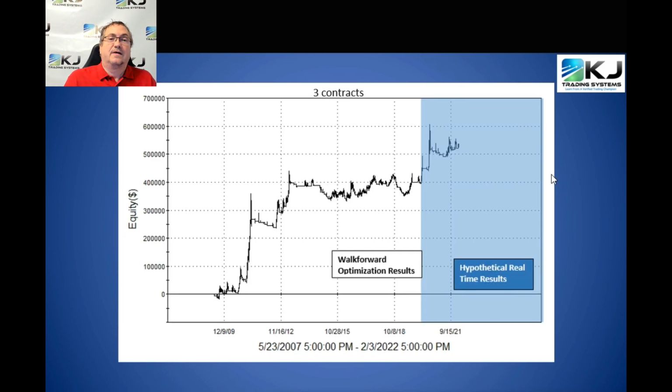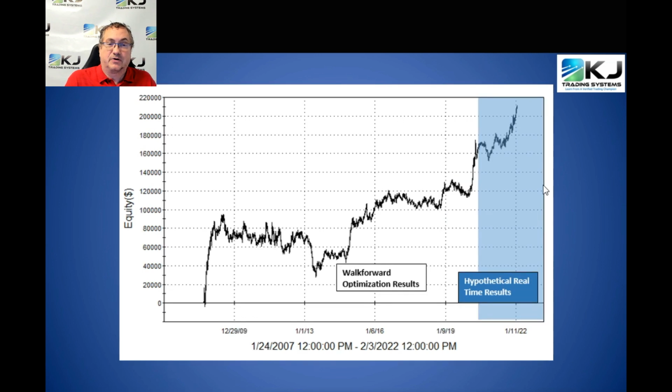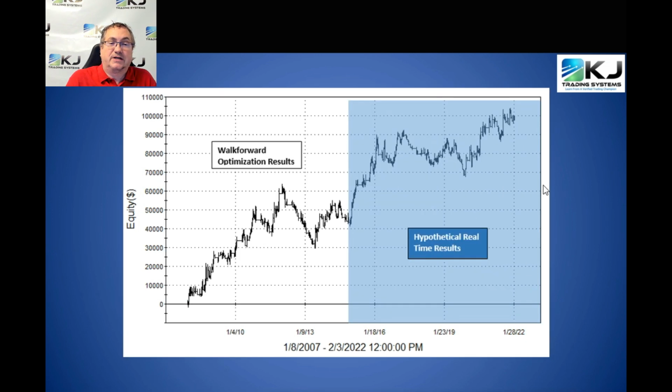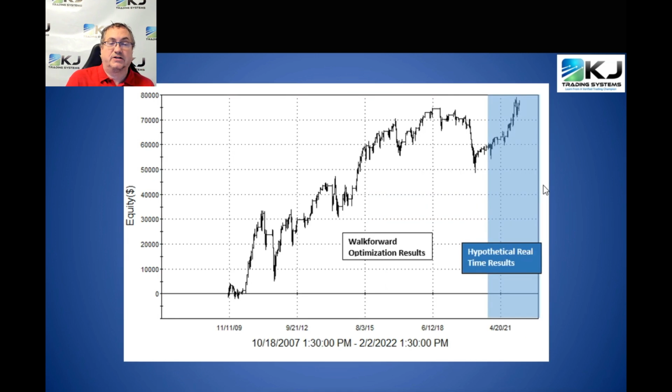But here's all 8 of them. So here's strategy number 1. Here's strategy number 2. Here's strategy number 3. You can see it has a lot of real-time results with it. Here's strategy number 4.